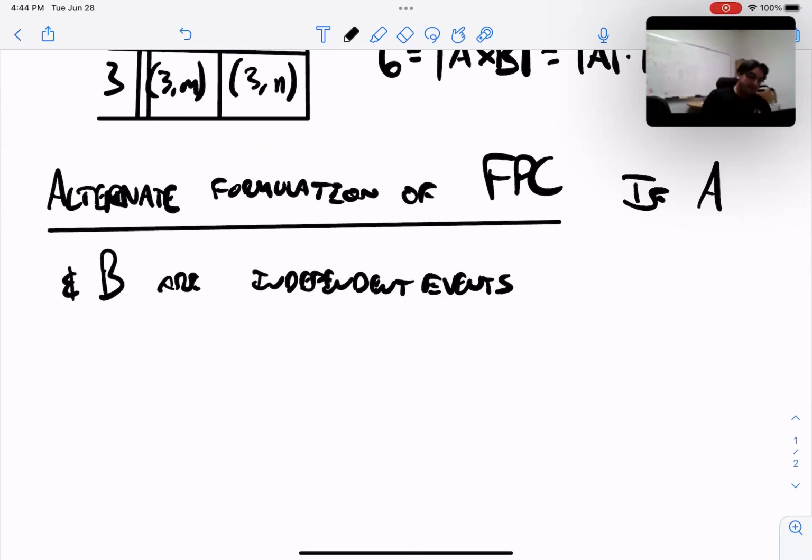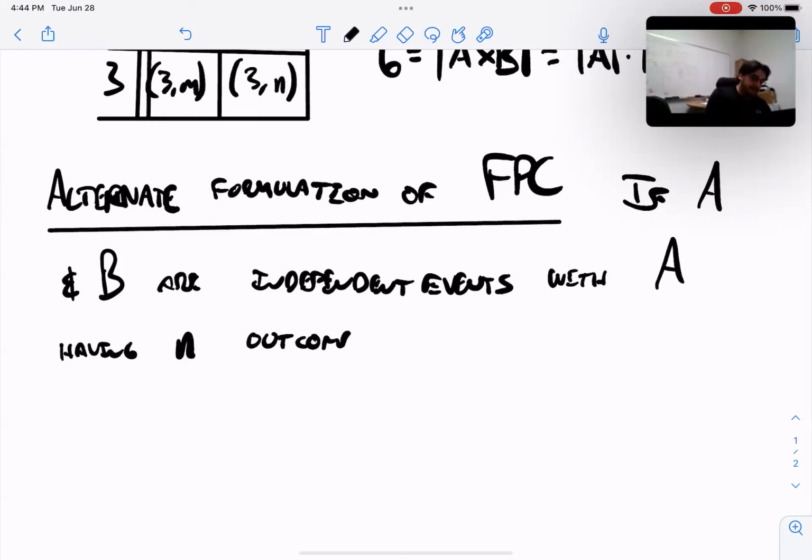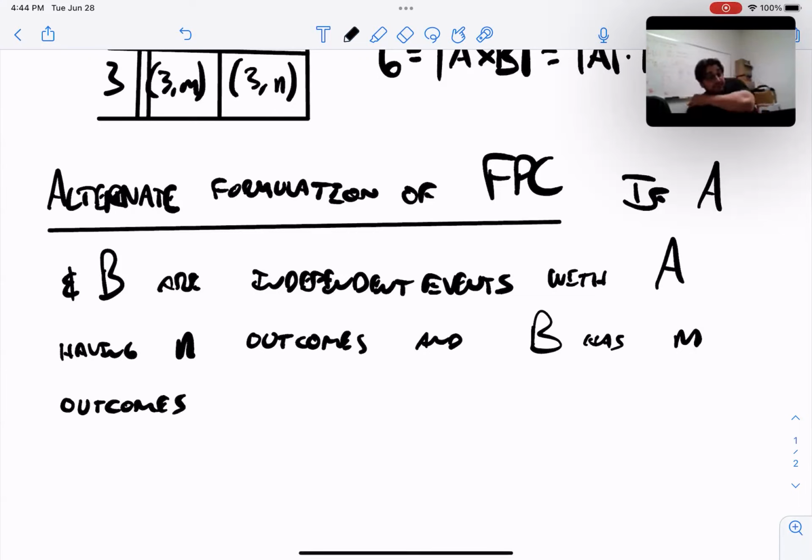But if A and B are independent events, where A has n outcomes, so that's the number of outcomes for A, and B has m outcomes. So n and m here just represent natural numbers that count the number of possibilities, right?